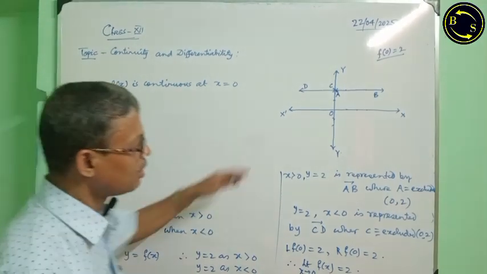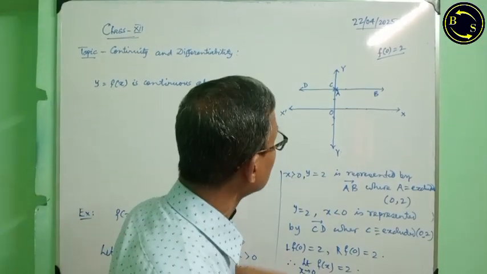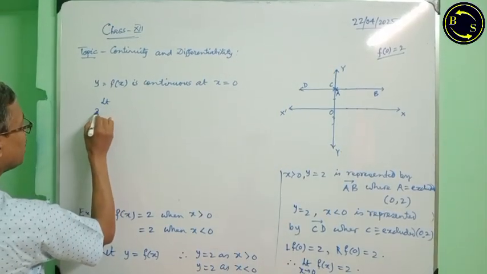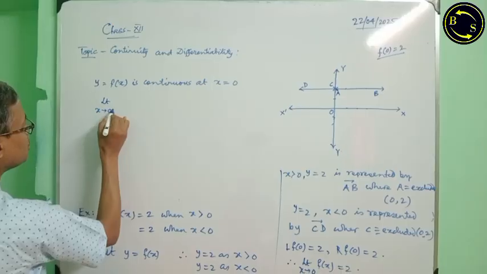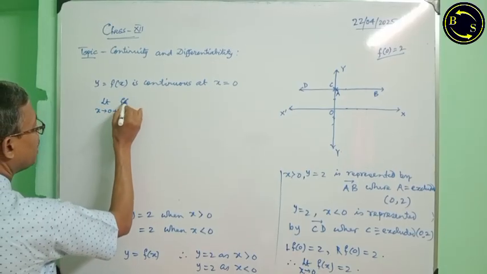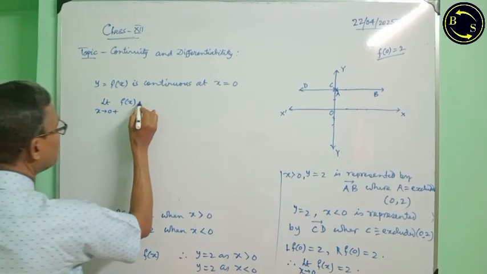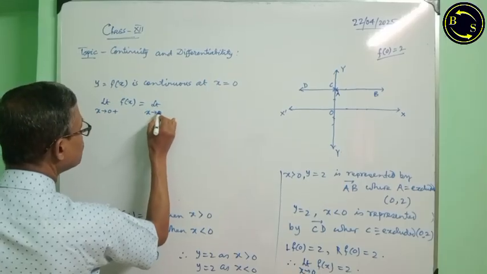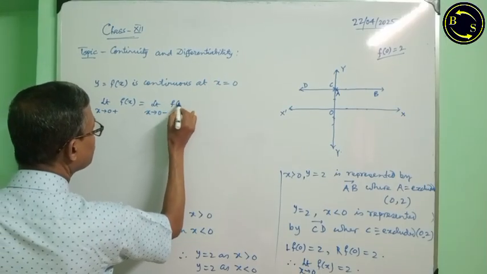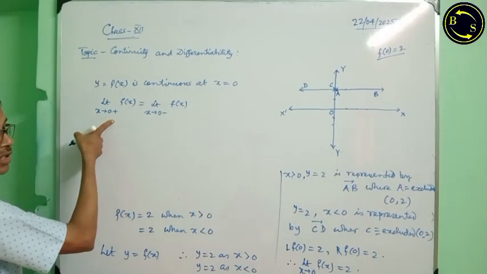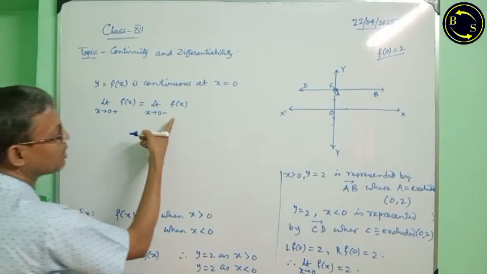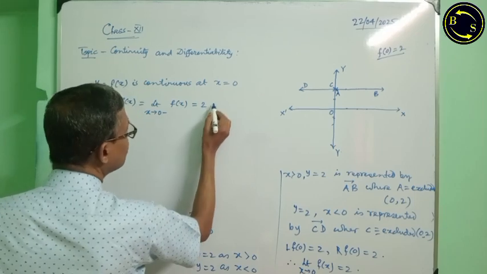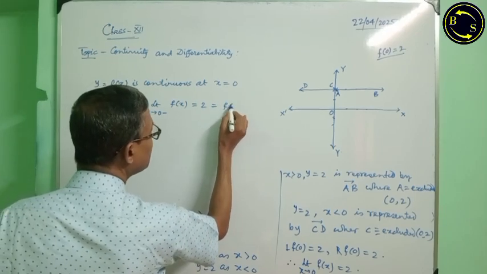From this practical problem, what we find, limit x tends to 0 plus f(x), that is equal to limit x tends to 0 minus f(x), that is right hand limit equal to left hand limit equal to the value 2, also that is equal to f(0).